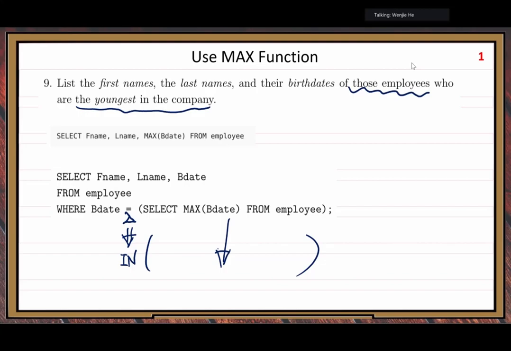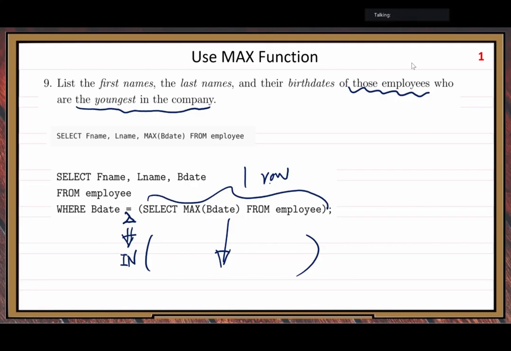But here, because of the max function, the query always returns one row. In the one row situation, if a query only returns one row, in and the equal sign are the same.